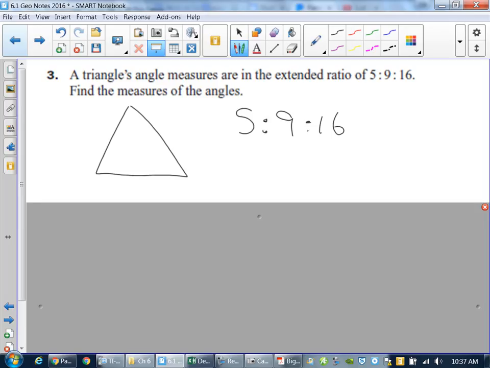Here's what happens. If there's some ratio of the angles, one thing you know for certain about triangle angles is how much they add up to. How much do all three of those add up to equal? 180. That never changes. Triangles will always add, the angles will always add to 180. And how many angles are always in a triangle? 3.